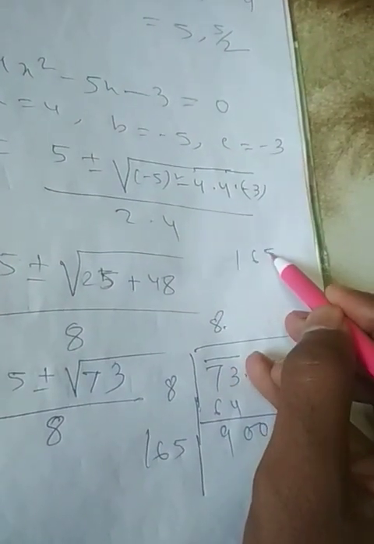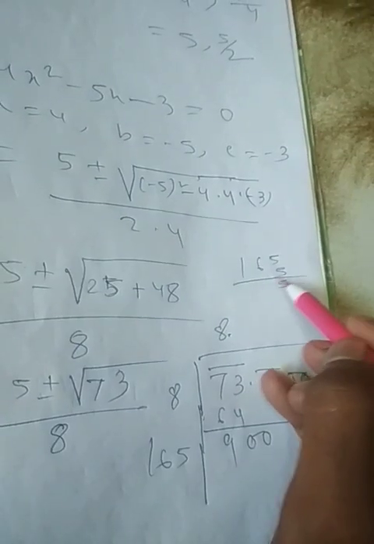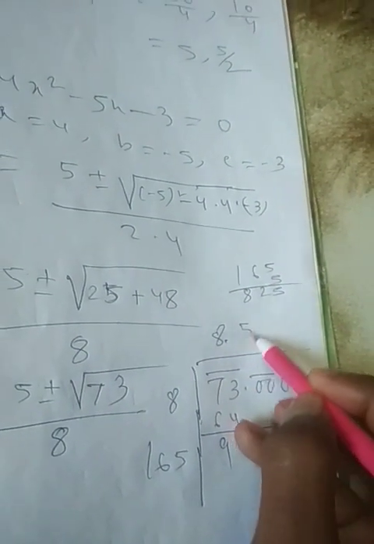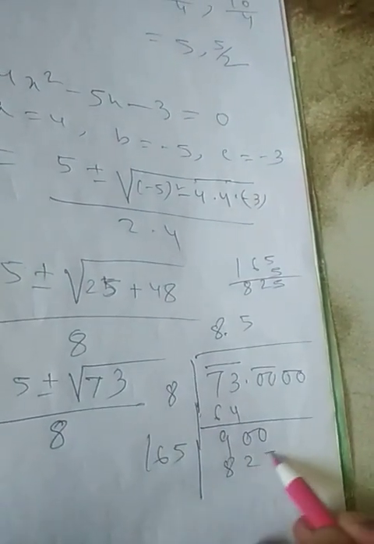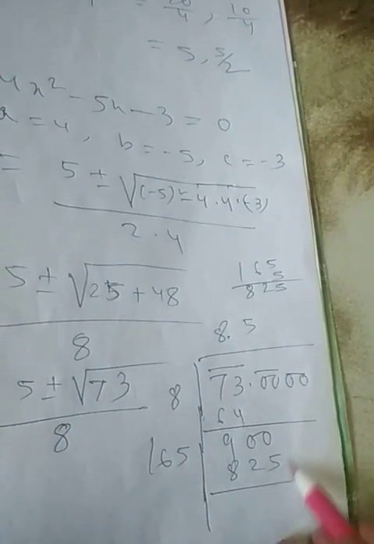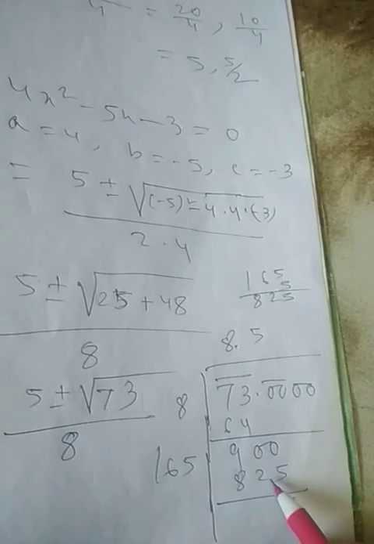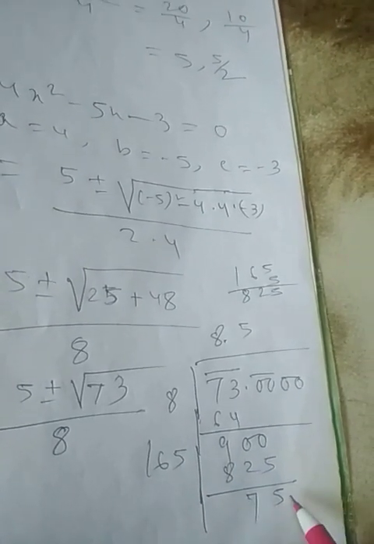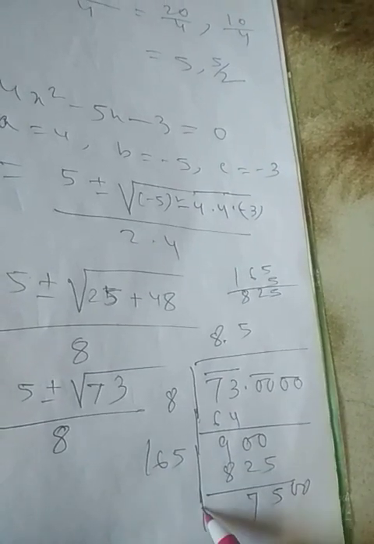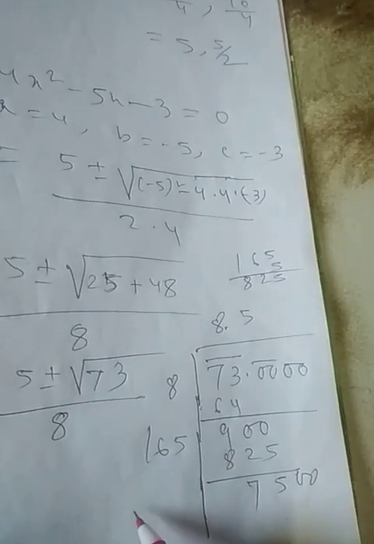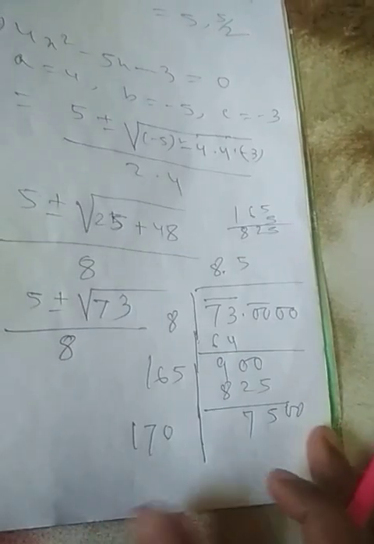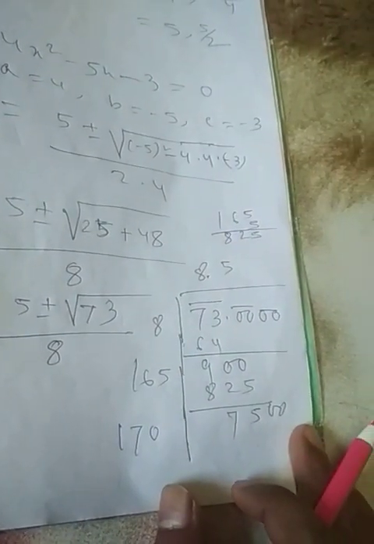165 into 5 is how much? 825. So there will be 5. Against 75 we put 0. So 85 doubled is 170. Now what can you give here?